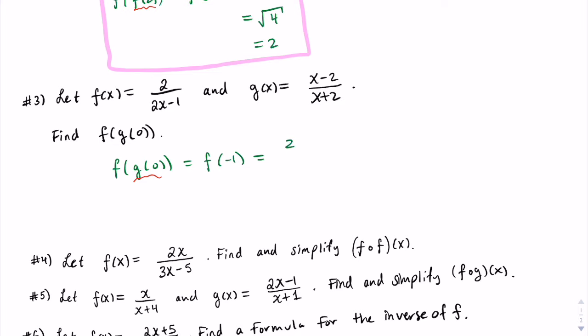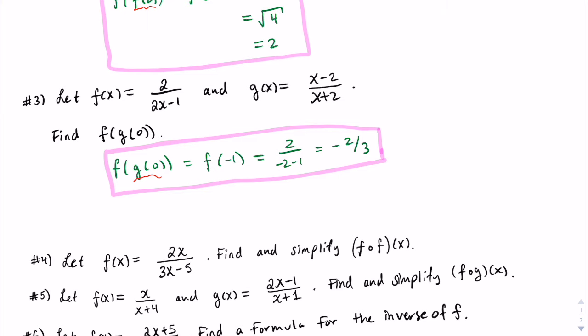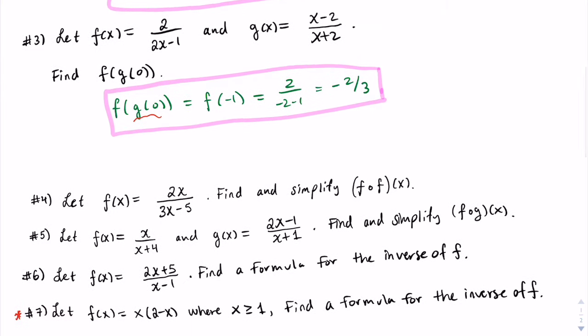So it will be 2 divided by -2 minus 1, and that will be -2 over 3. That's it, right? If you had to simplify your fraction, like it was -4 over 6, you should be concerned with simplifying your answers. But because it's already simplified, like -2/3, that's fine, right? Just keep that in mind. So that's for number 3.